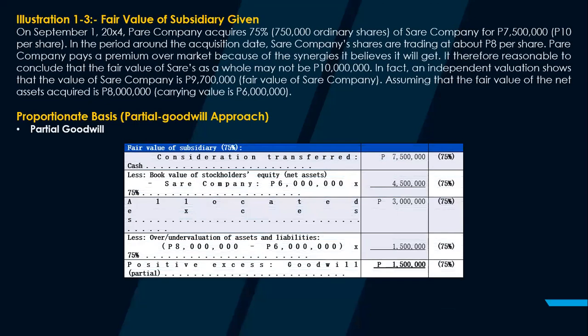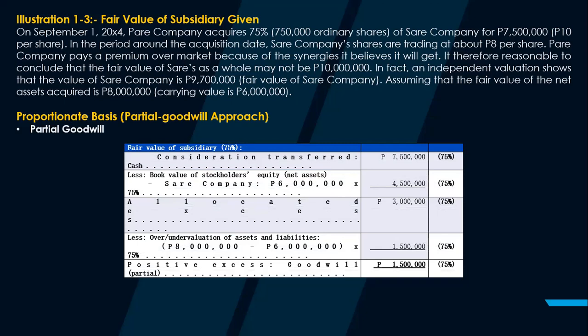On September 1, 2024, Pear Company acquires 75%, 750,000 shares of Sari Company for 7.5 million, 10 per share. In the period around the acquisition date, Sari Company shares are trading at around 8 per share. Pear Company pays a premium over market because of the synergies it believes it will get.